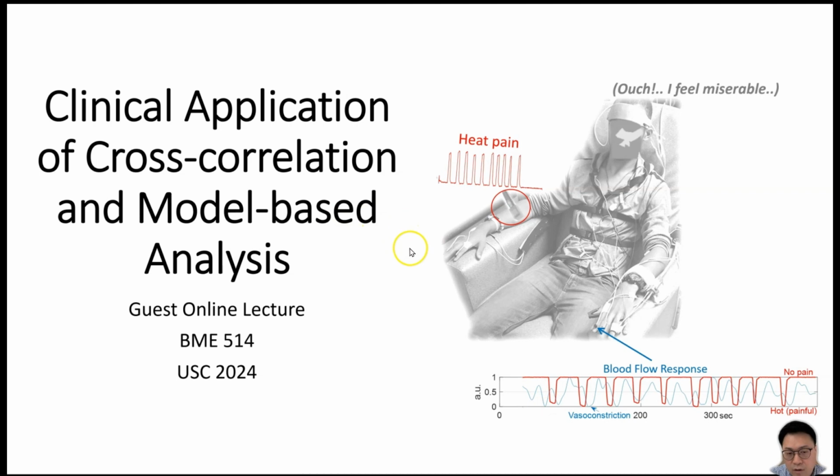And the second part will be model-based analysis, which I've used to actually clean the signal that I measured from fNIRS. fNIRS stands for Functional Near-Infrared Spectroscopy. And what's important is the clinical application. Why do we do this? Why do we quantify responses? For example, in certain diseases, this is very important.